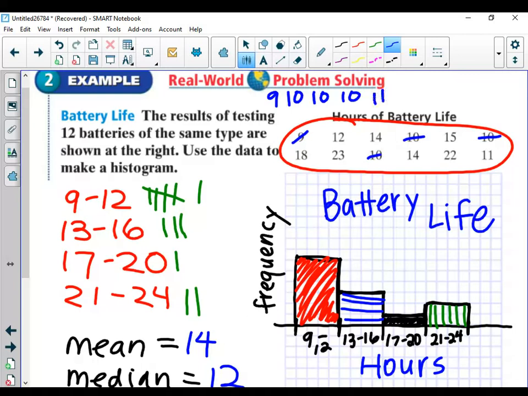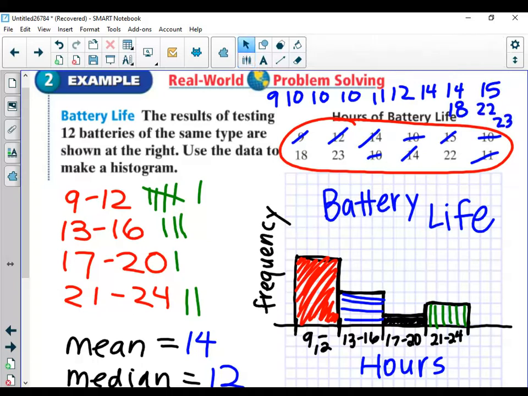Does someone check my work while I do this? Small, big, small, big, small, big, small, big, small, big.